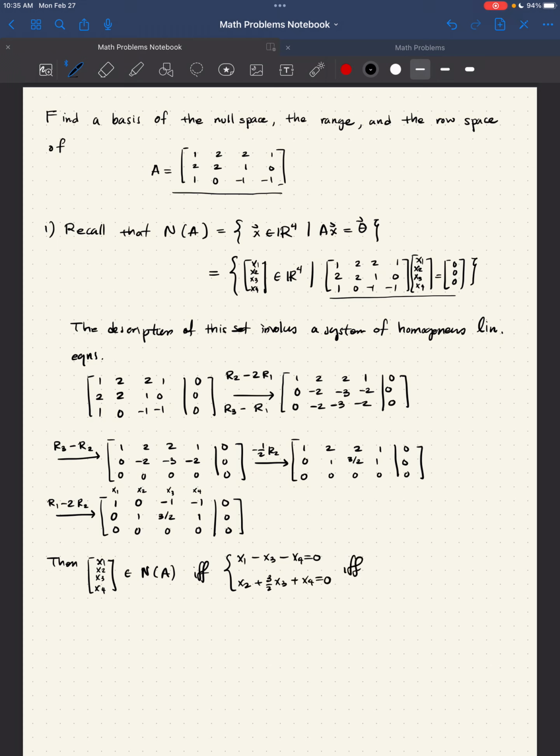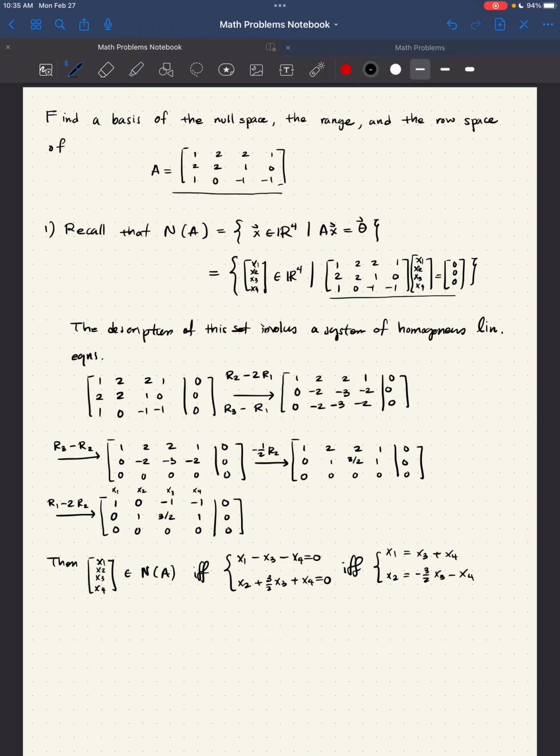If and only if, by performing a manipulation here, x1 is equal to x3 plus x4, and x2 is equal to negative 3/2 of x3 minus x4.